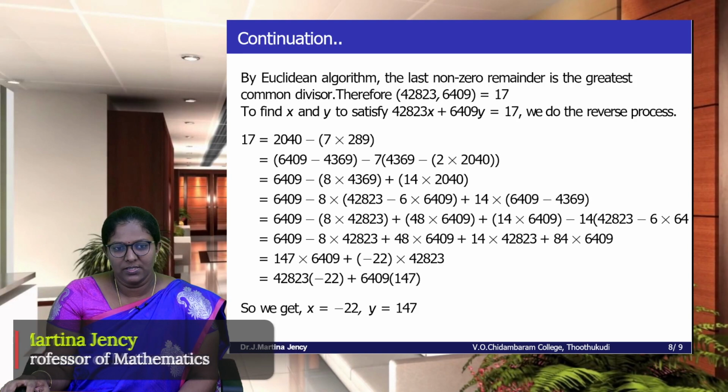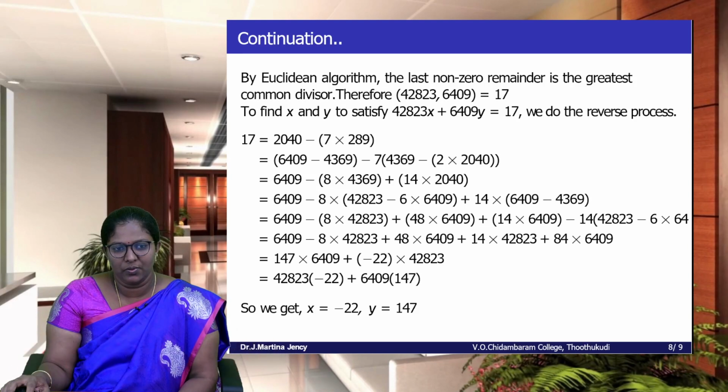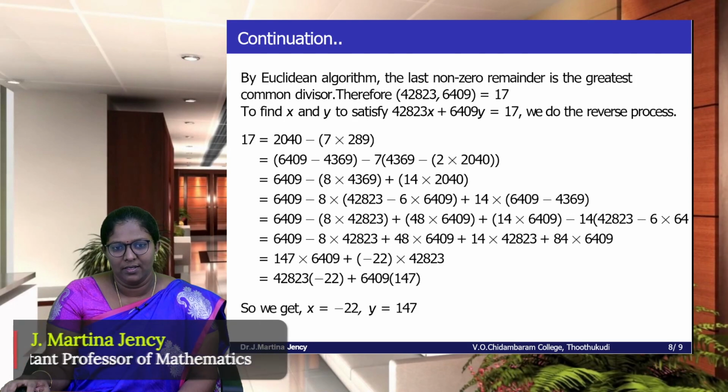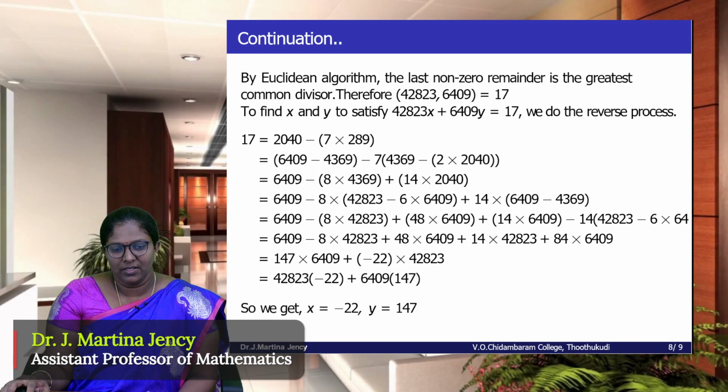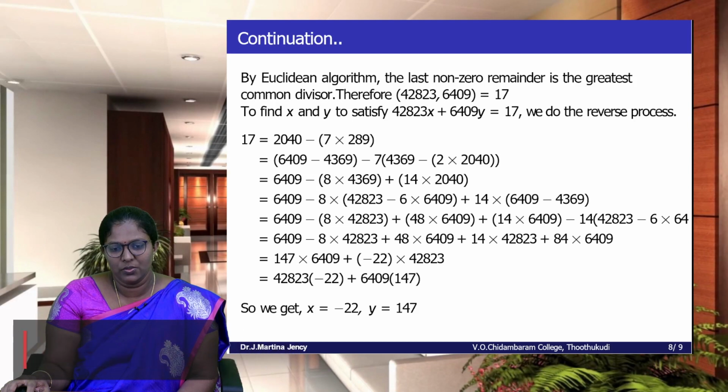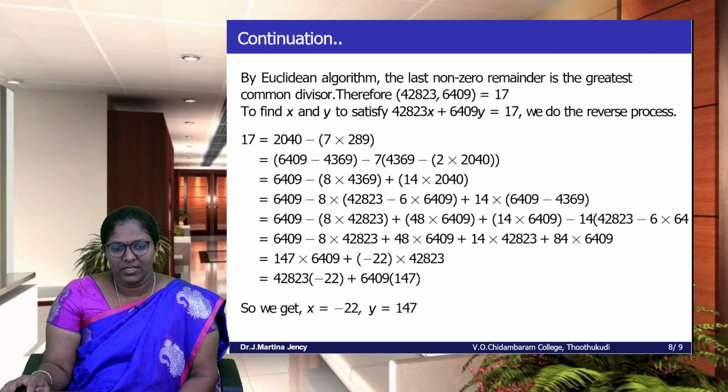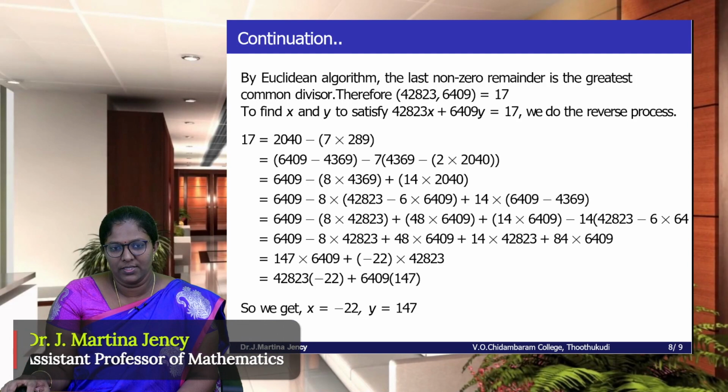By the reverse process, we know that 2040 is 6,409 minus 4,369, and again we have expressed 289 as 4,369 minus 2 times 2040. Proceeding this way, we get the relation 42,823 into minus 22 plus 6,409 into 147. So we found that x is equal to minus 22 and y is equal to 147.